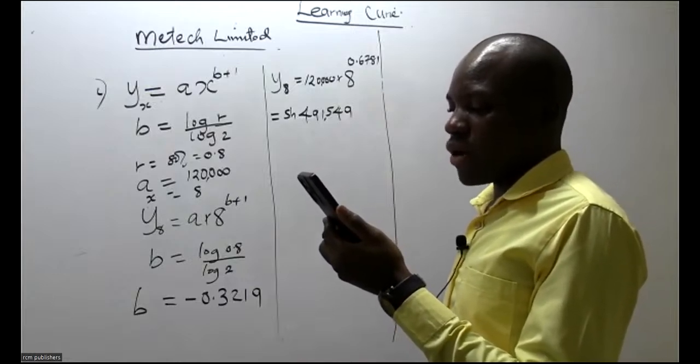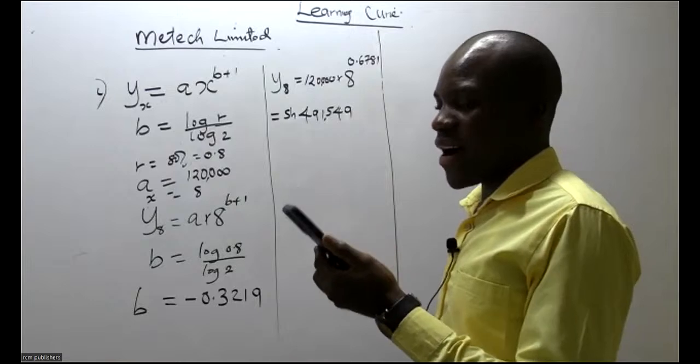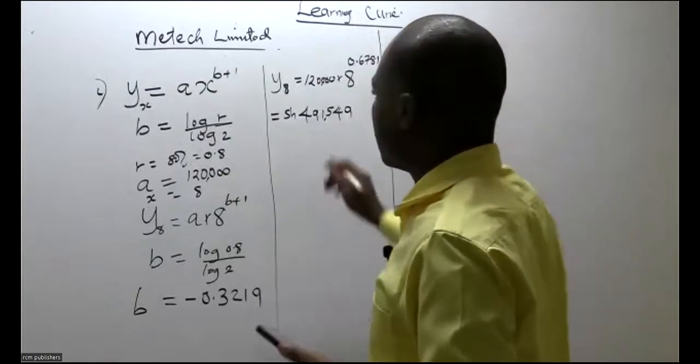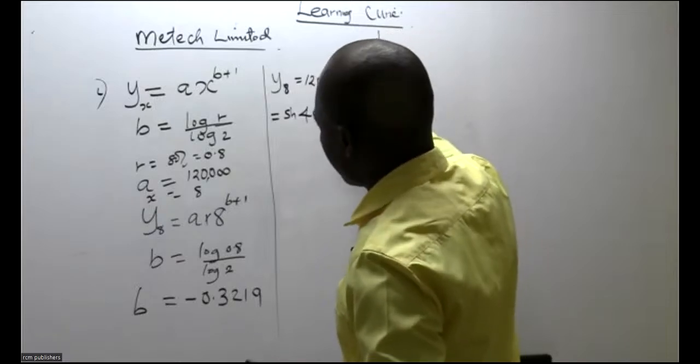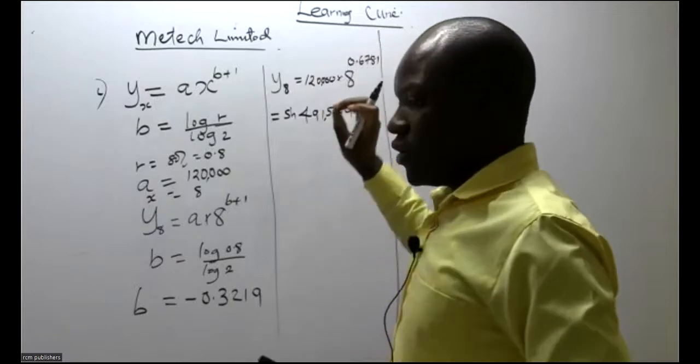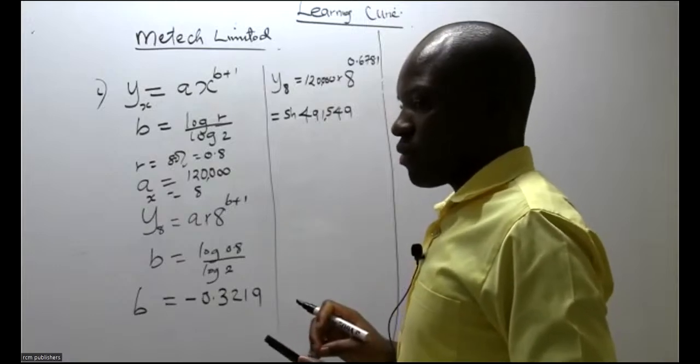Required: direct labor cost of the 8th batch. Not the 8 batches; yes, we've done the first 8. But now that 8th batch, how much are you going to incur to produce the 8th batch?